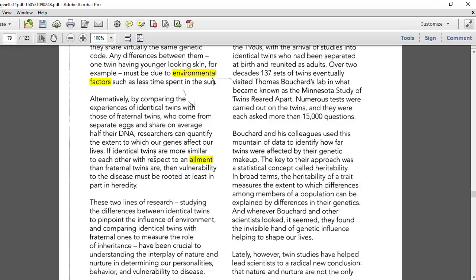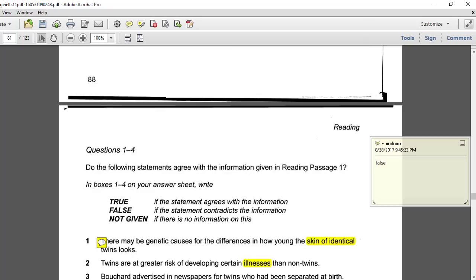So this is it. It's here. It says if identical twins are more similar to each other with respect to an ailment than fraternal twins are, then vulnerability to the disease must be rooted, at least in part, in heredity. Okay, get back to the question.